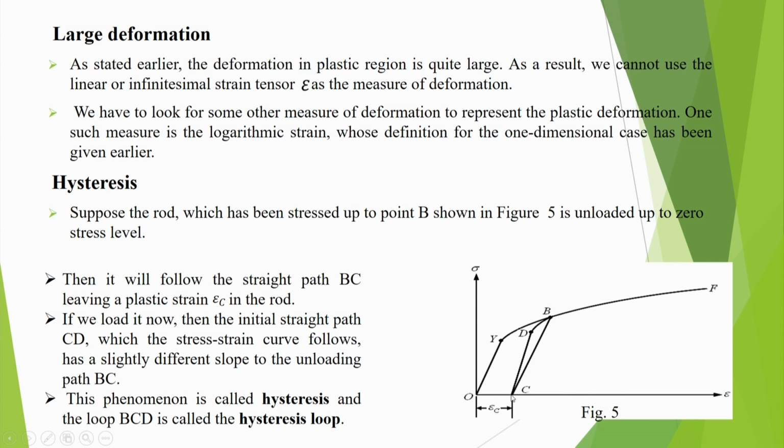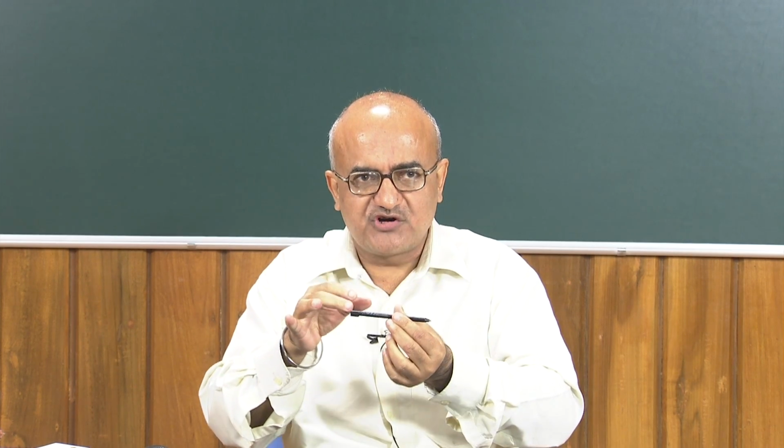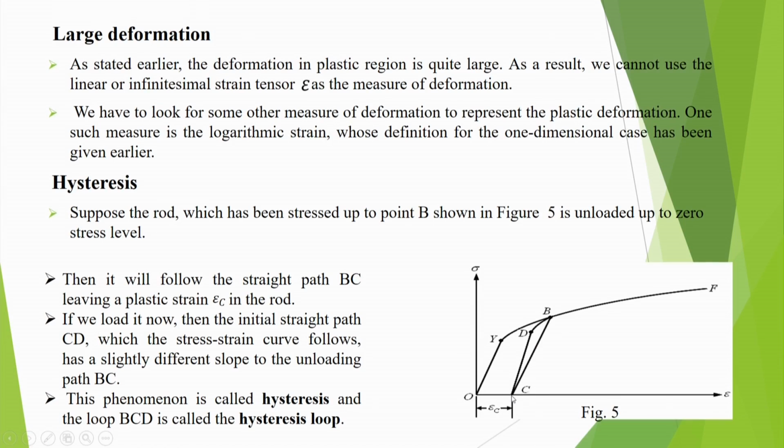Then from C, suppose you again load it. The material has been loaded, then unloaded, and again I am applying the load. In that case, the material ideally should follow the path from C to B, but it will not go from C to B. Instead it will follow the path CDB.